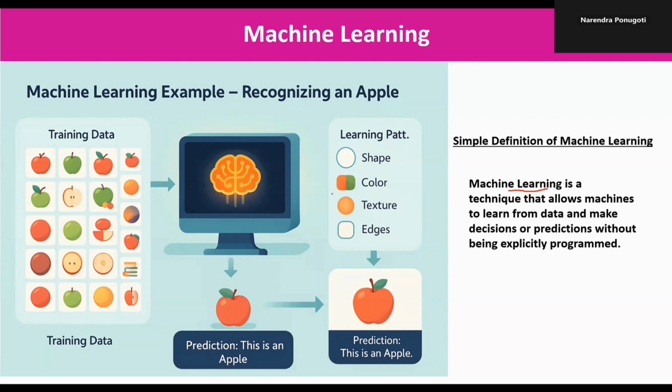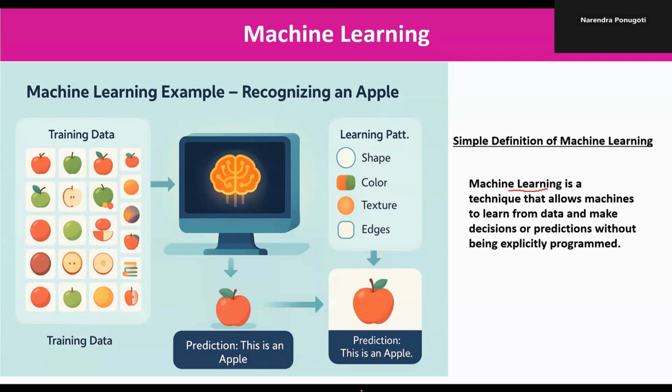To understand how machines learn, let's compare it with how humans learn, because both processes follow the same logic. Imagine a child, which we already discussed.